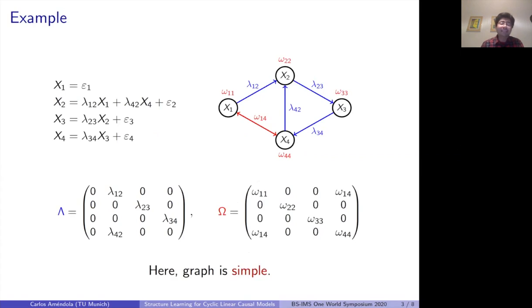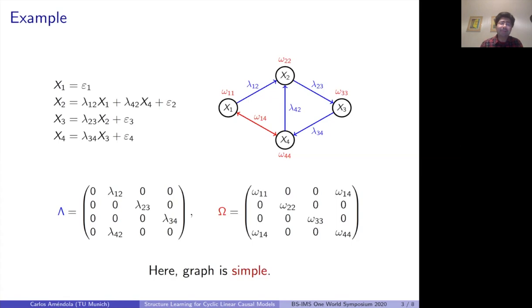So the bidirected edge weight omega 1,4 means that there exists a latent variable that has influence on both x1 and x4. Here we also show the 2 sparse matrices lambda and omega explicitly.